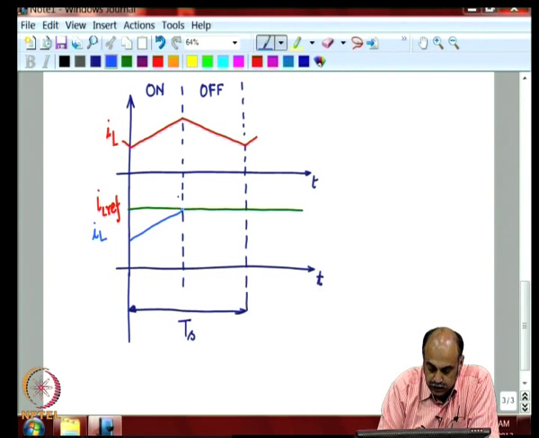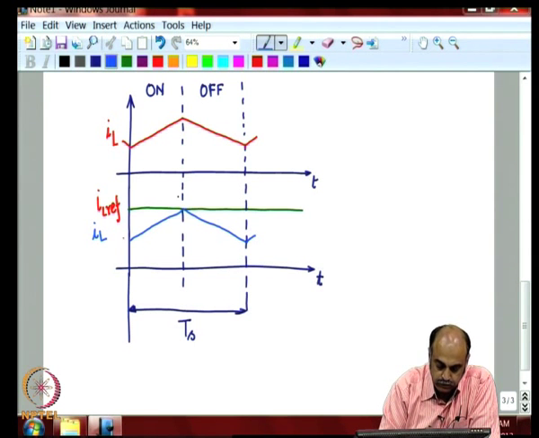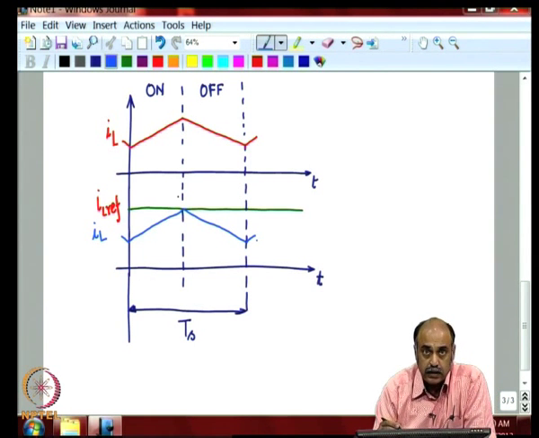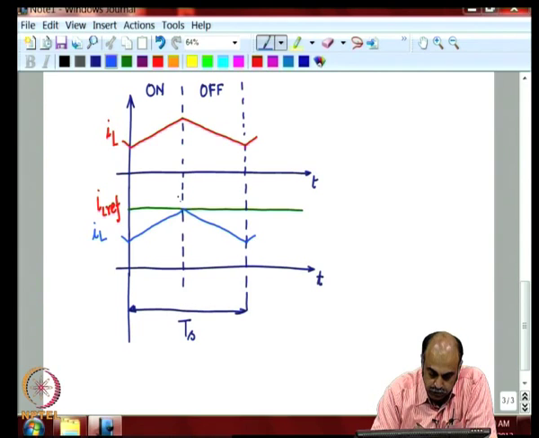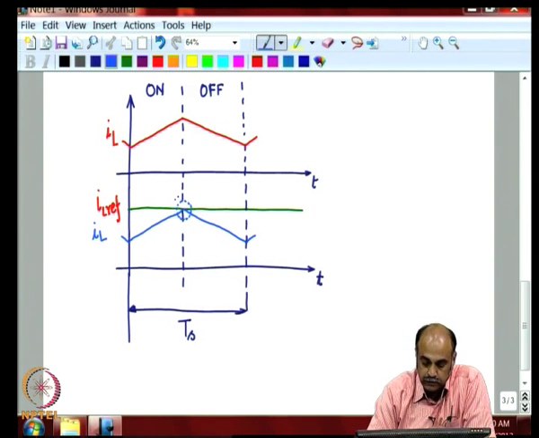Then the moment the inductor current tries to go beyond IL ref, the SR latch is switched and the output goes low, and the power semiconductor device switches off, and then from here it starts going low and the cycle repeats. So, this is the point of comparison for the SR latch, at which point it goes low and switches off the device.